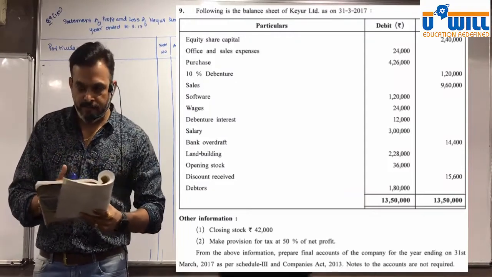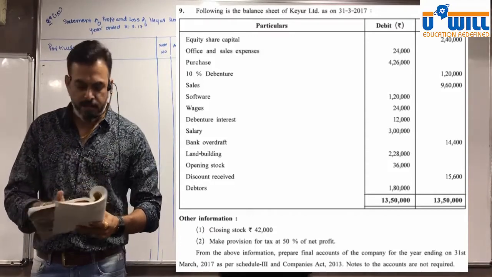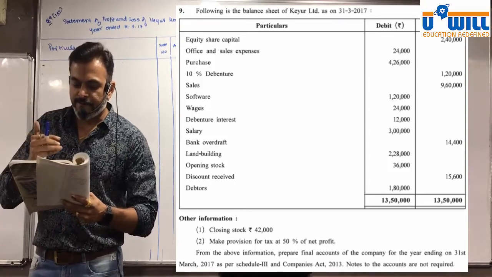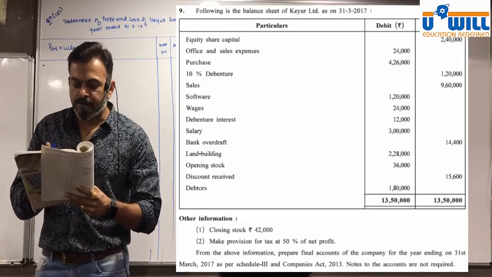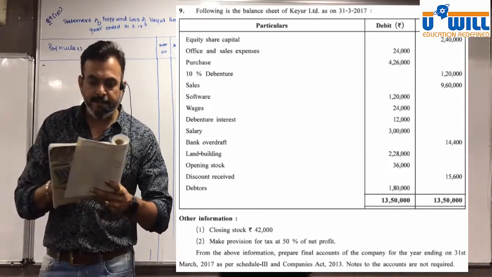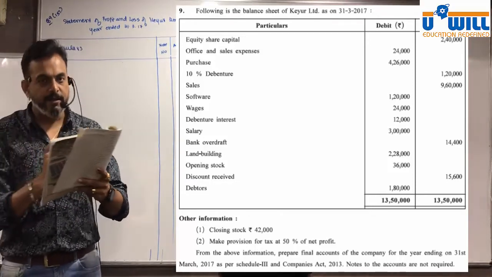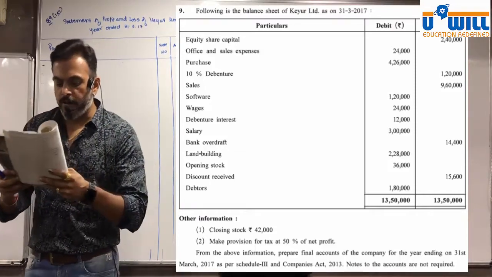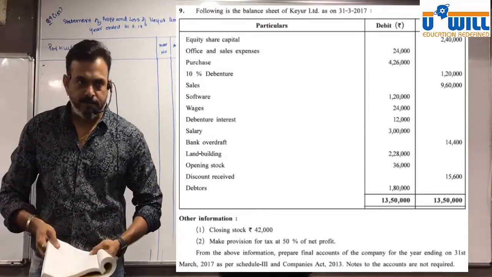Then sales, revenue; software, fixed asset, intangible; wages, employee benefit; debenture interest, finance cost; salary, employee benefit; bank overdraft, short-term borrowing, current liabilities; land and building, fixed asset, tangible; opening stock, we will adjust with closing, change in stock in profit and loss; discount received, other income; and debtors, trade receivable, current asset.